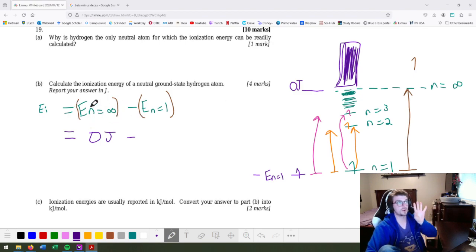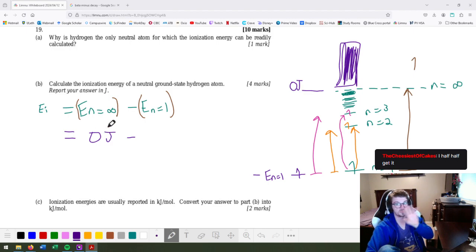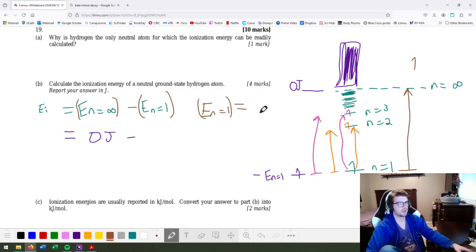Okay, so the energy at n equals infinity is just set to 0, and then the energy at n equals 1 is equal to the Rydberg constant times Z squared over n squared.